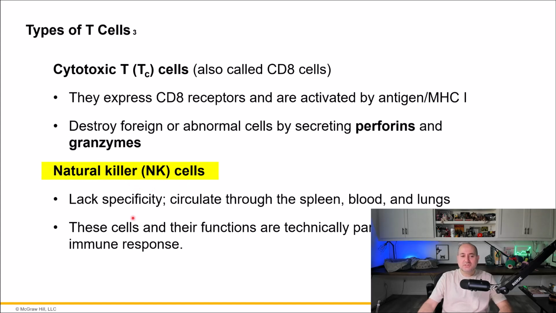These cells are technically part of the innate immune system or innate immune response. Not adaptive, but they are important cells in the immune system. So let's go back to the board with younger Dr. D and have him explain to us how the natural killer cells work.